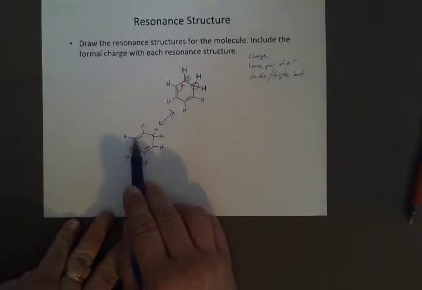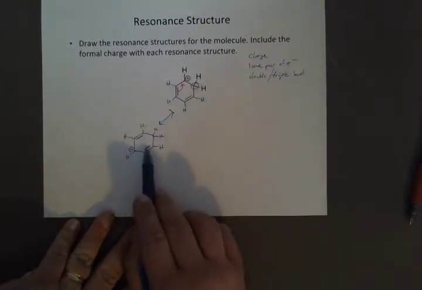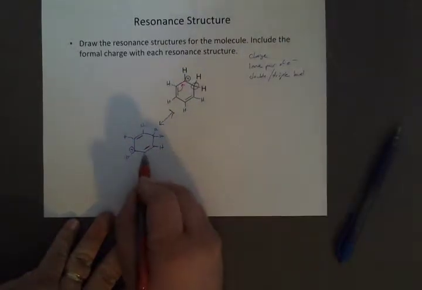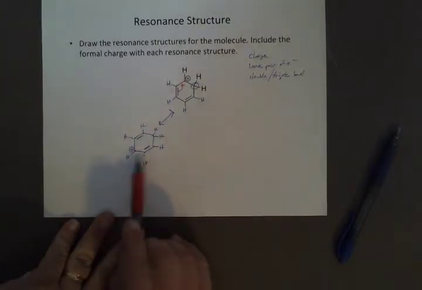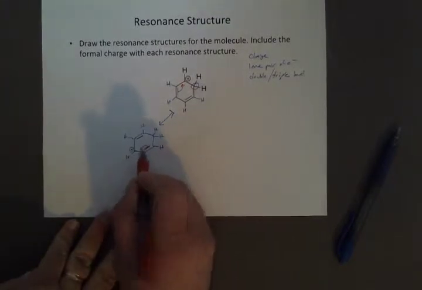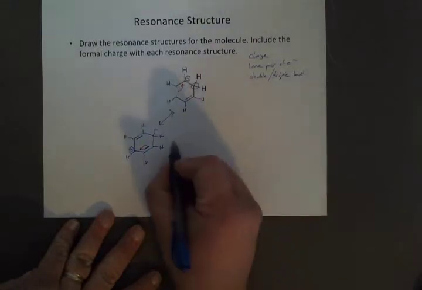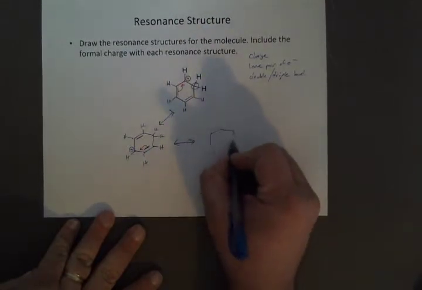It can go back and talk to this guy, but it would just go back to the previous structure. So what it's going to do is talk to this carbon here and have it move those pi electrons over there. So you end up with this structure.